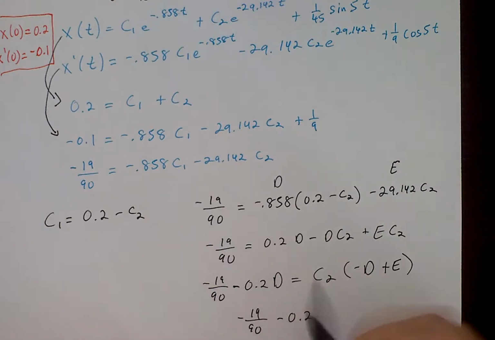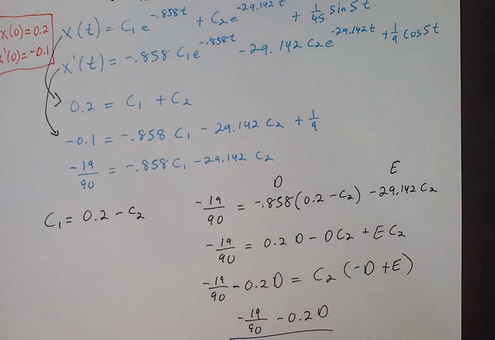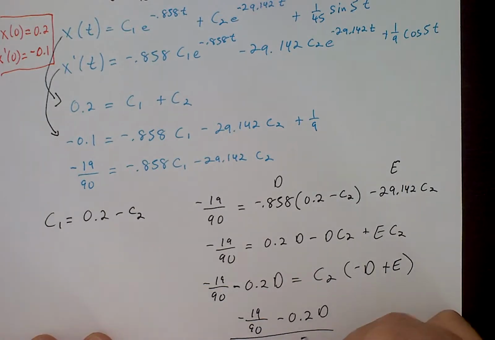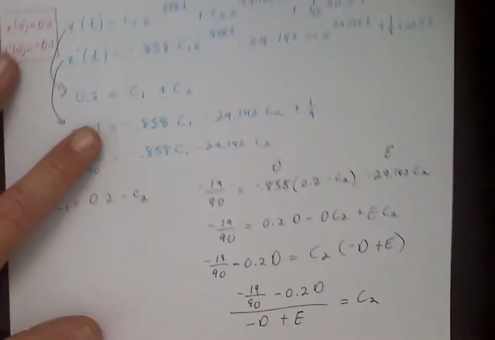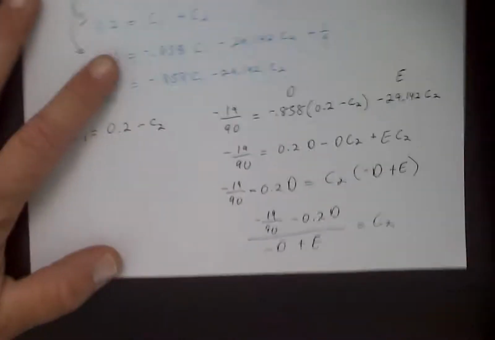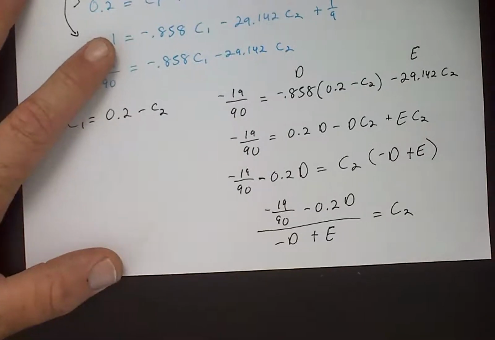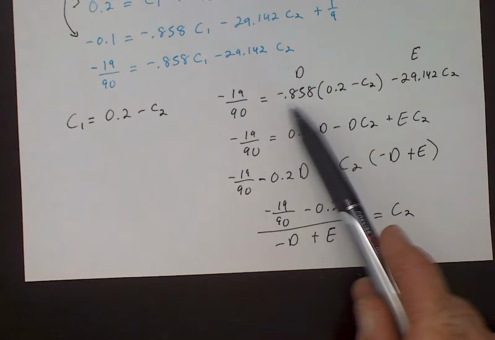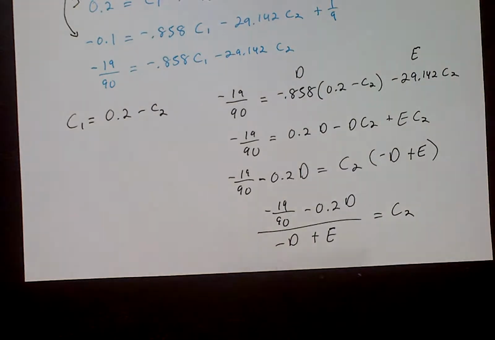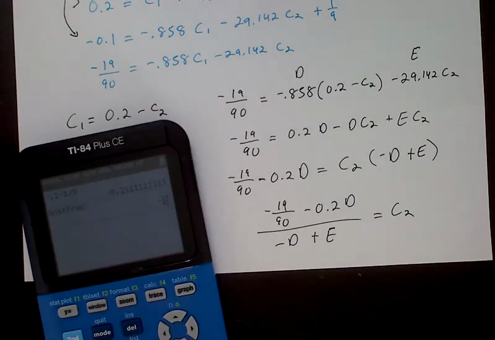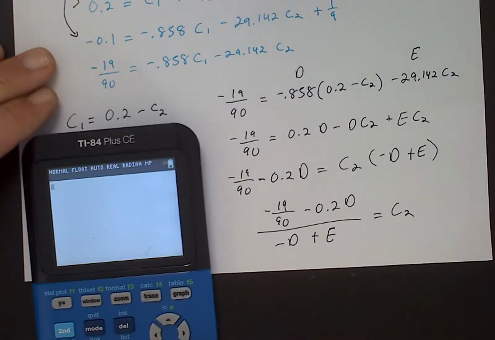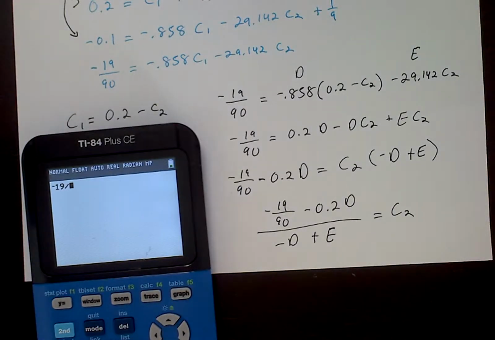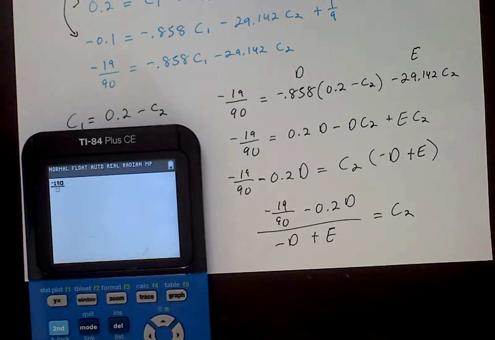Might have lost you with this last step. Just so I can keep it exact on my calculator, really D is just my negative 0.858. So when I want to get my exact C2, you could just keep the decimal. Negative 19 divided by 90.